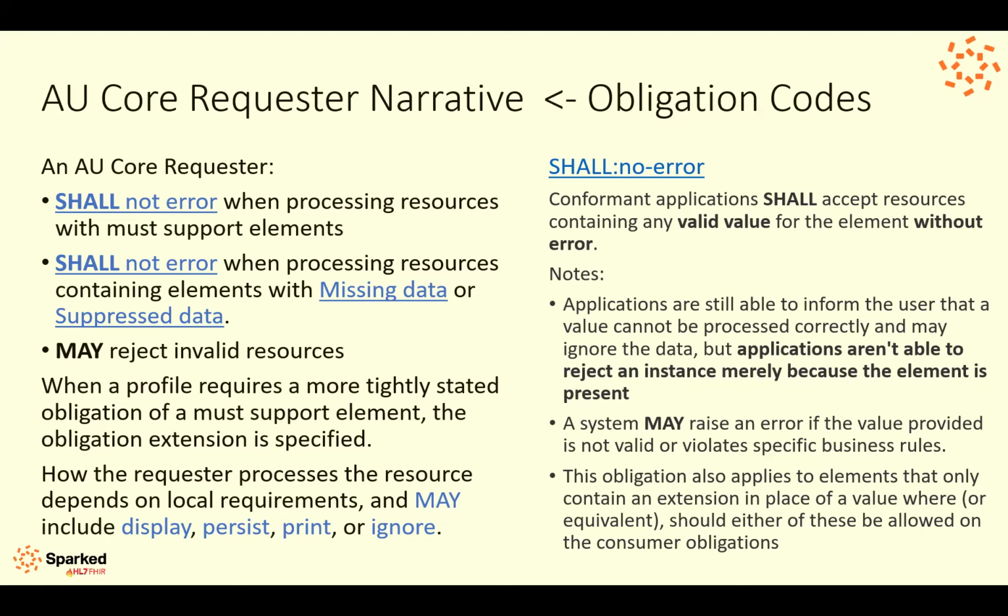So my interpretation of this is pretty much as per the bolded part. The bolding is mine. I think they're the critical items that basically, if an element is must support, then the client should do its best in receiving that resource, accepting that resource without an error.